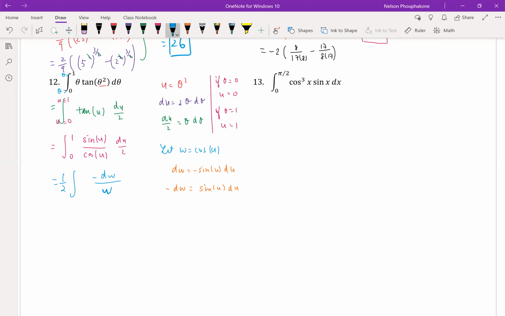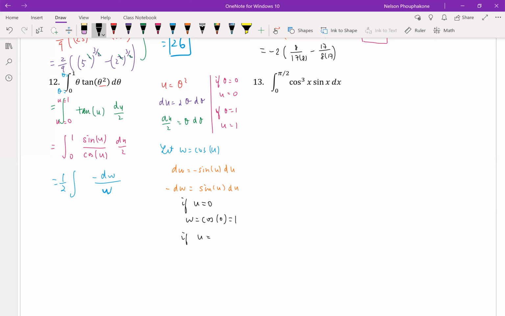Okay, then how about my upper limit and the lower limit now? If u is equal to 0, then w is equal to cosine of 0, which is equal to 1.